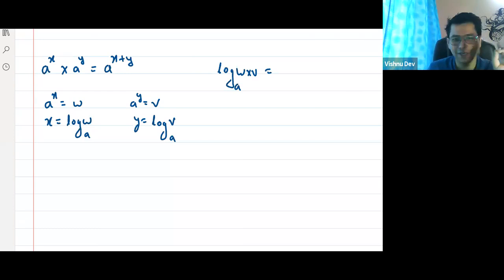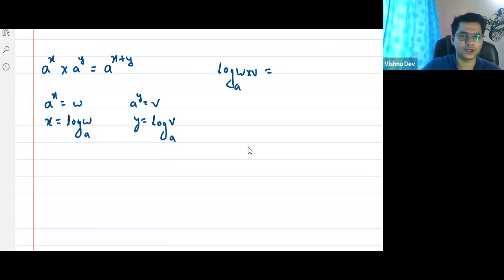So only one student has understood the concept of log. That is the question. And again, x and y are the powers. Ask yourself a very basic question: what is log?